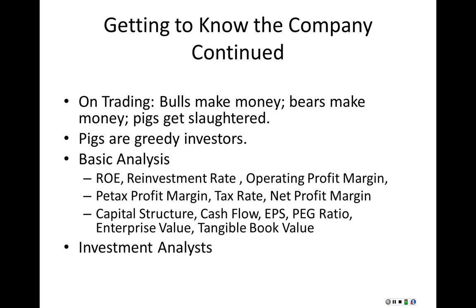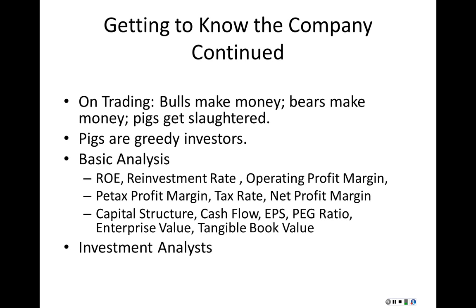Now on this slide, there's a lot of basic analysis that you have to do: ROE, return on equity, reinvestment rate, operating profit margin, pre-tax margins, capital structure, enterprise value, earnings per share. And then there's a PEG ratio that's good. In the next video, I've got a spreadsheet with the company that our book has.